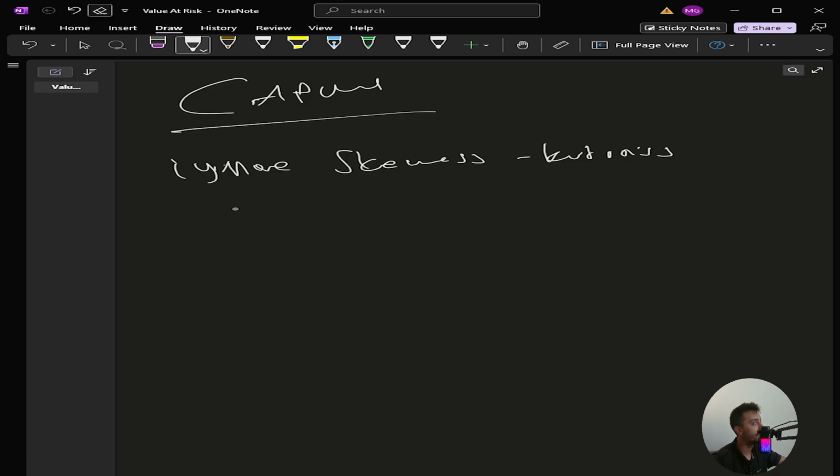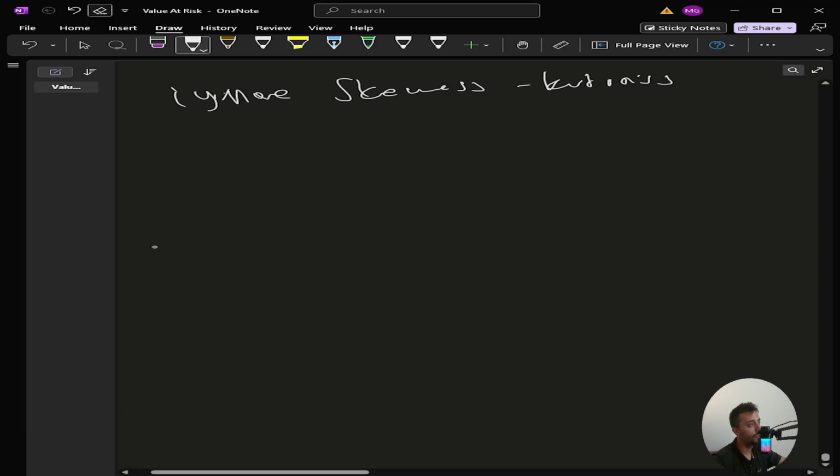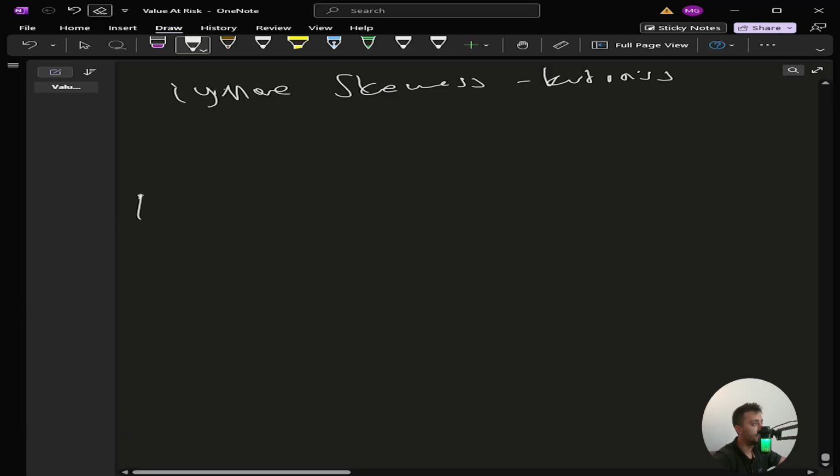Each asset's sensitivity of returns to the market return is referred to as the asset beta. Beta is computed like this. This is beta.